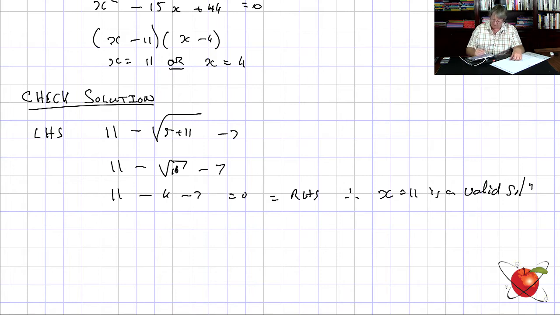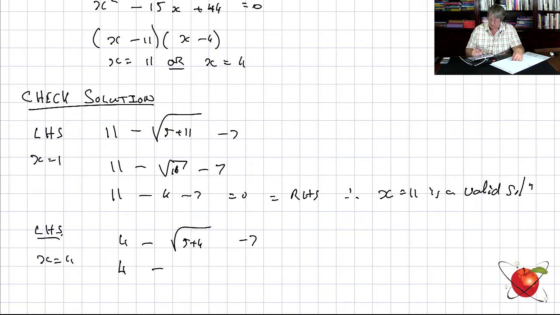Then we continue. We put the left-hand side again, this time putting x equal to 4. So we've got 4 minus root of 5 plus 4, minus 7, which is 4 minus root 9 minus 7. Once again, with the square root you take the positive one. We've got 3 minus 7.